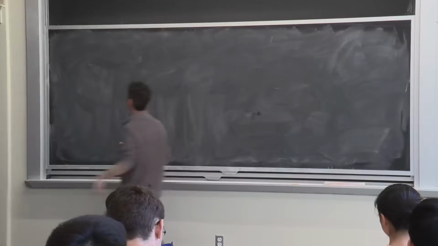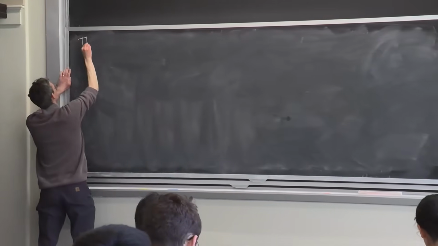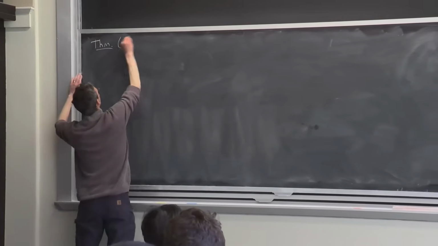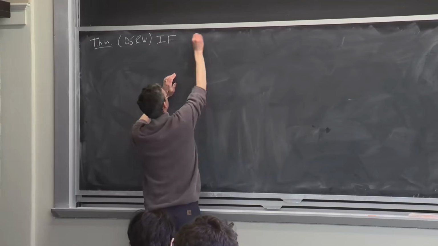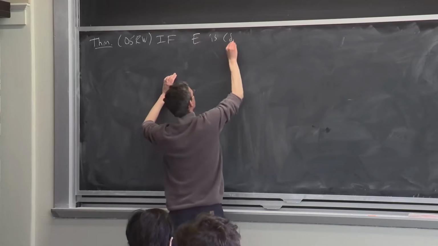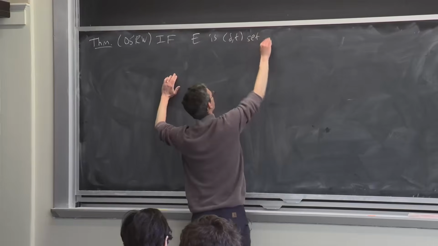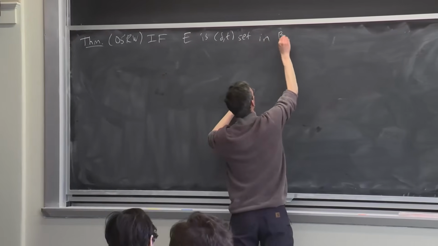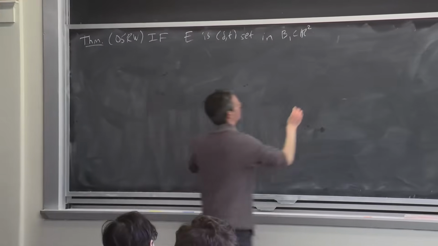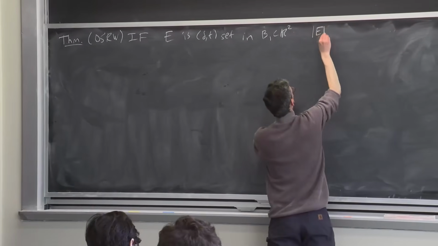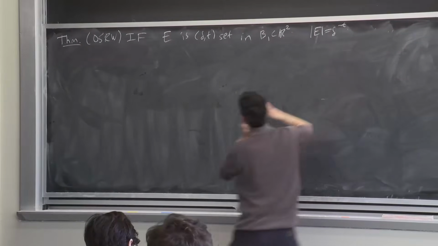All right, so here is the big theorem that we would like to prove. So if E is a (δ, t)-set in the unit ball in R², and let's say that the size of E is δ^(-t).